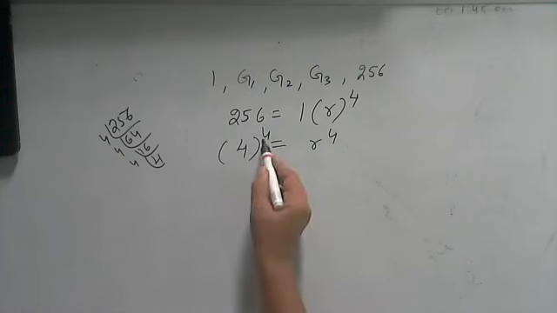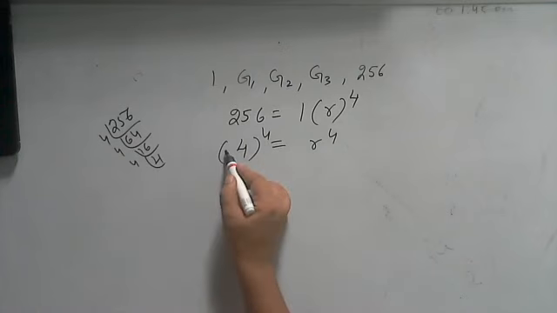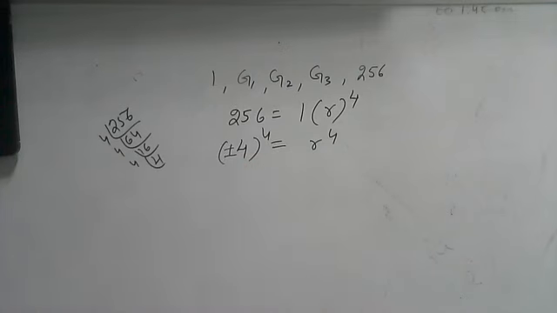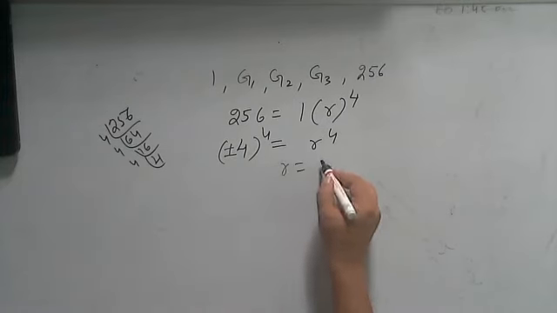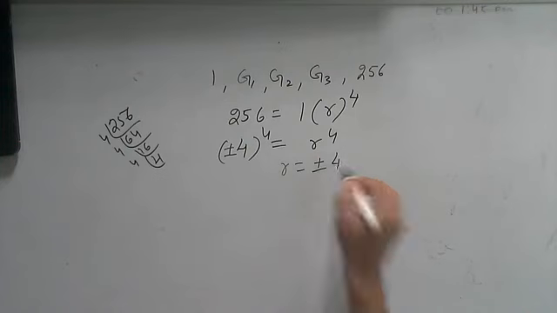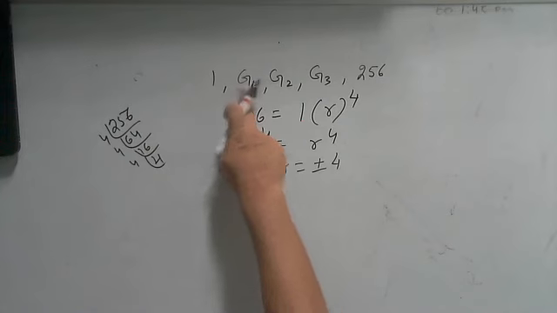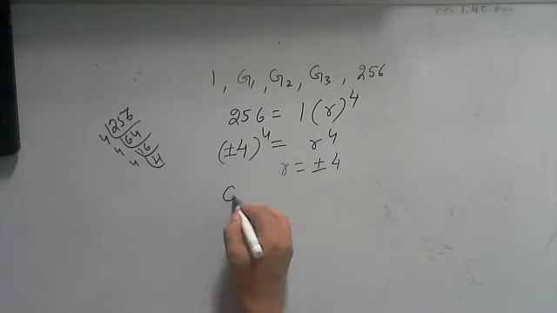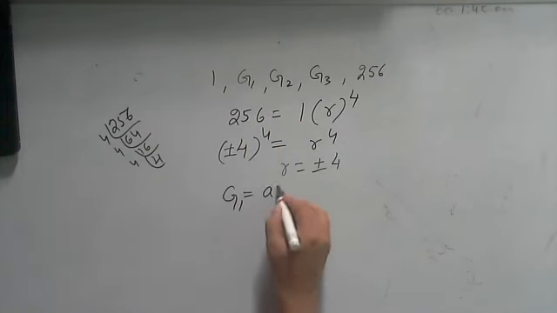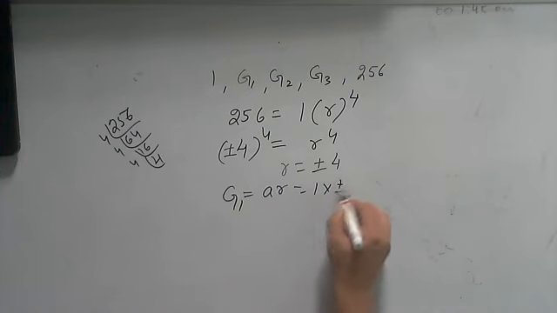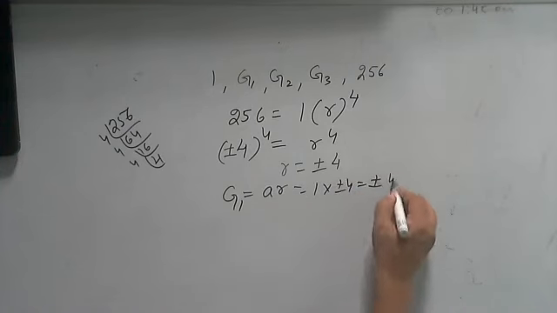But its power is an even number, so it is possible to take plus 4 or minus 4. So now we have got the possible values of r, that is the common ratio, plus minus 4. So now we have got two possible values of G1, G2, G3. G1 may be AR, that is 1 into plus minus 4, that is plus minus 4.